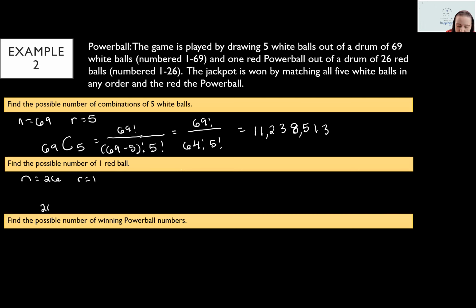So we have 26 choose 1, which is 26 factorial over 26 minus 1 (not minus 5, minus 1) factorial times 1 factorial. And this actually is going to be the same as the number of permutations, because if you're only choosing 1 item, it doesn't matter whether it's ordered or unordered.